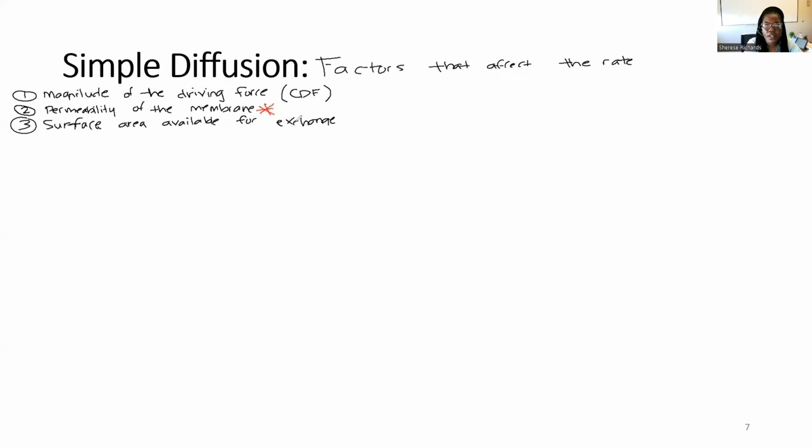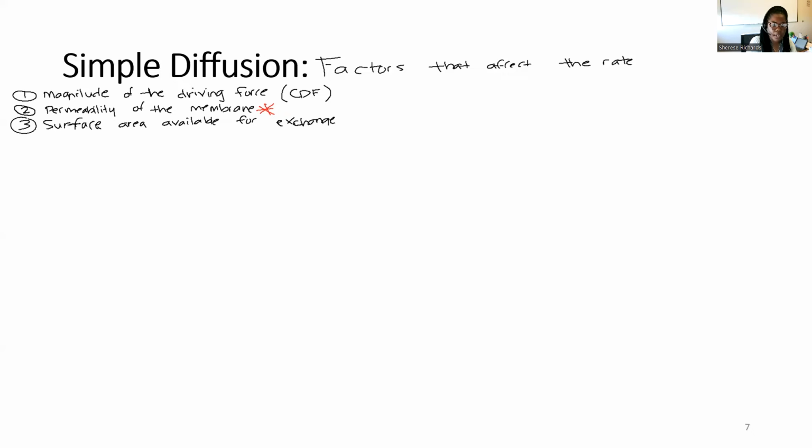Okay, surface area available for exchange. In other words, how much membrane is exposed so that particles can actually go across. If we have a small amount of membrane exposed, we're not going to be able to maximize the movement. If we have a large amount of area exposed, we're going to have a faster rate of those particles moving.